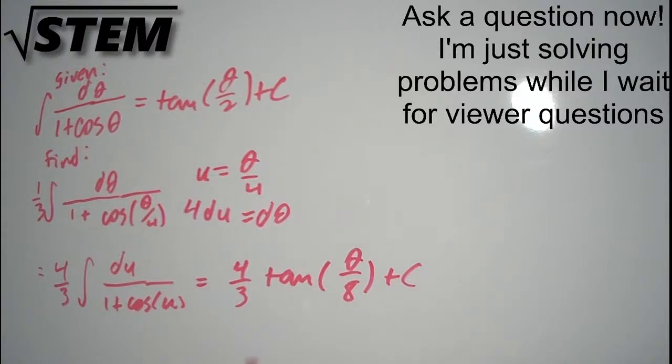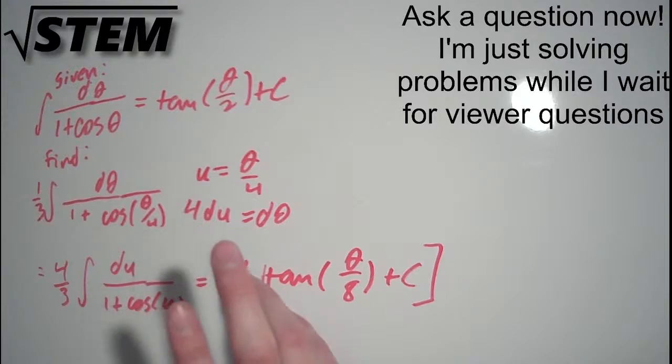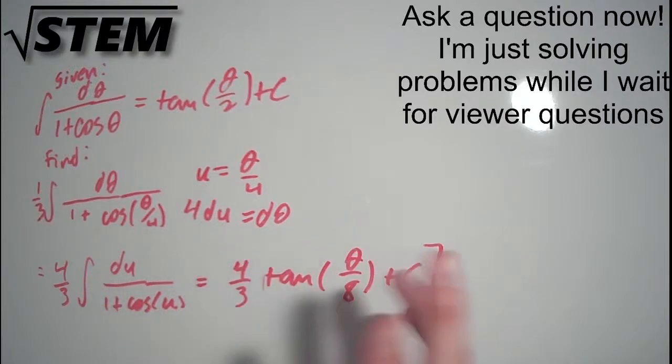And we could say this is 4/3 times all of that, so we would get 4/3 c as our constant at the end. But if we're going to check this against some initial condition at some point, we would just find c and it would compensate for that 4/3. So we can just leave it like that.